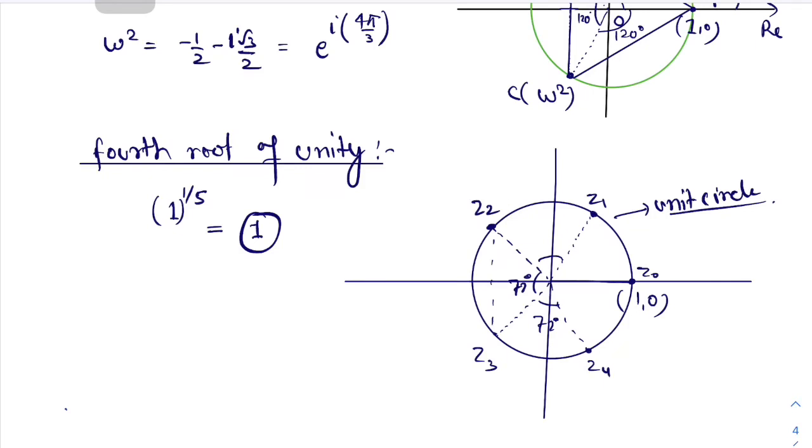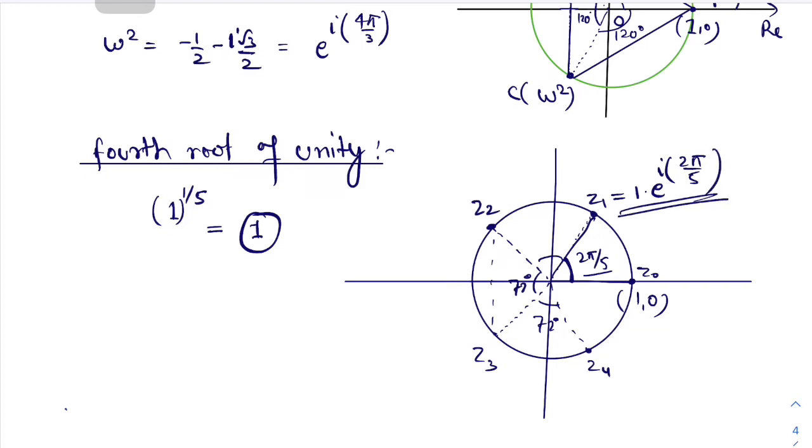If we are required to find what these complex numbers are, clearly we can write Z1 with modulus equal to 1, as 1 into e to the power iota, and the angle is 72 degrees. In radians I will write it as 2 pi by 5.